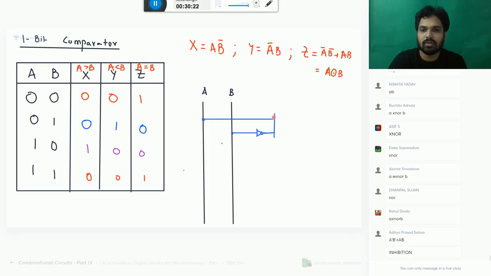A B bar, which will tell you X. Next, similarly, what is A bar B?